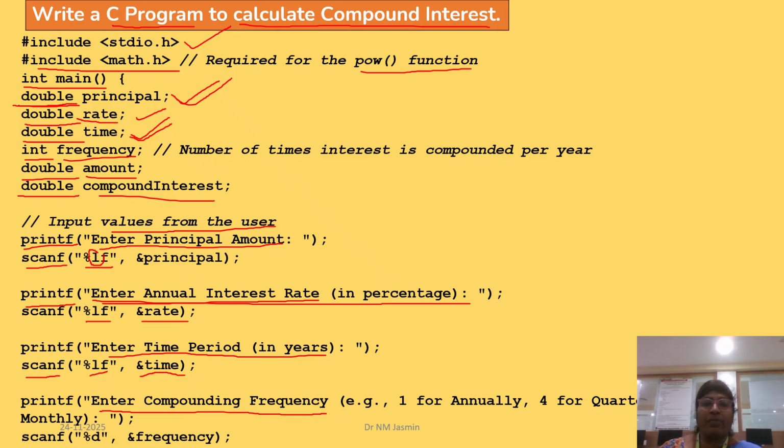What is this compounding frequency here? 1 for annually, 4 for quarterly, like this they have specified. Then also here we can see scanf. Here it is an int, and int means the specifier that we have used is %d. And we have provided an address for this frequency, so we have used the ampersand symbol.